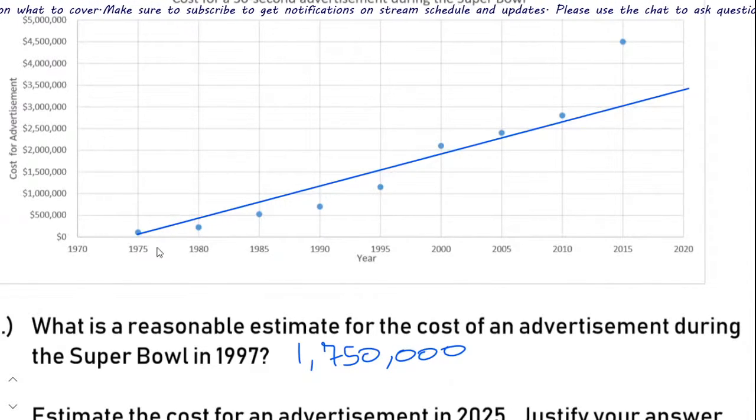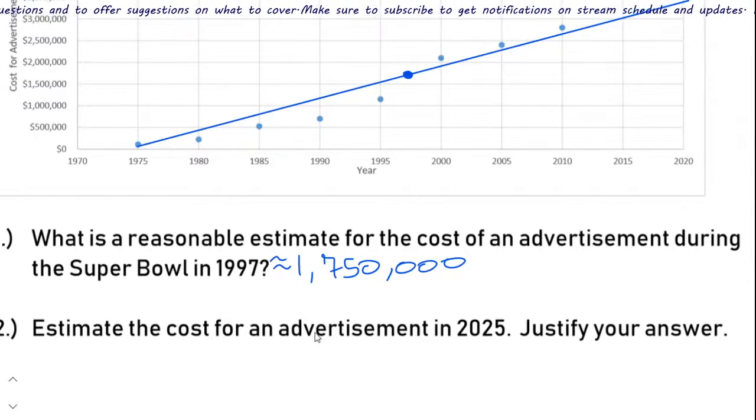The way I did that, I had my line, and they wanted to know for 97, and 97's about here. So I'd want to know what the y value is there. If I came over to my y-axis, it's about halfway in between 2 million and 1.5 million. So we could easily estimate this to be about 1.75 million, or 1,750,000.